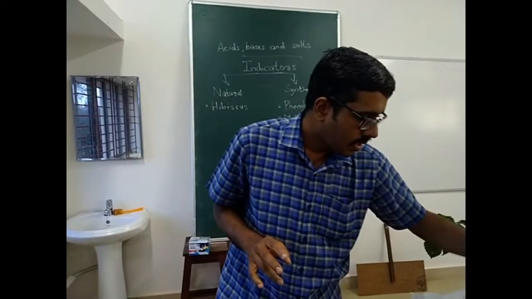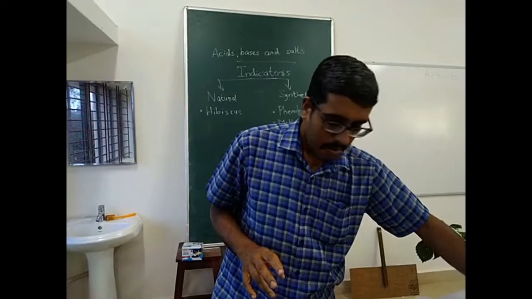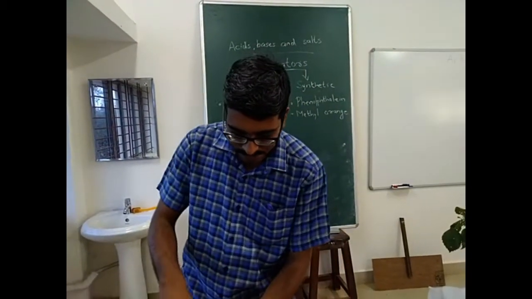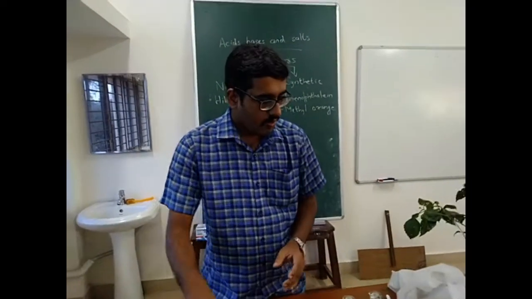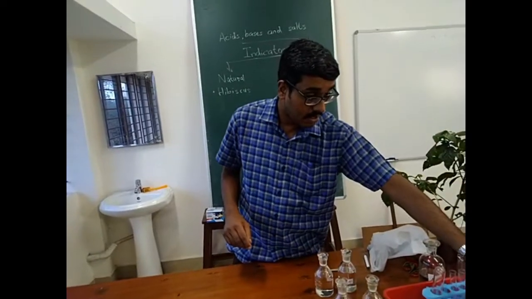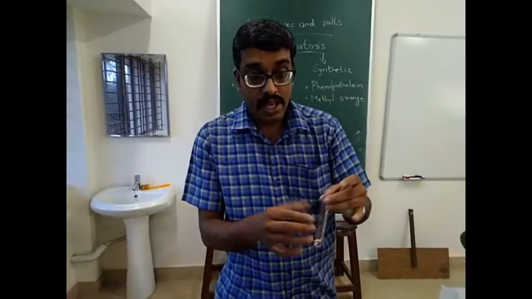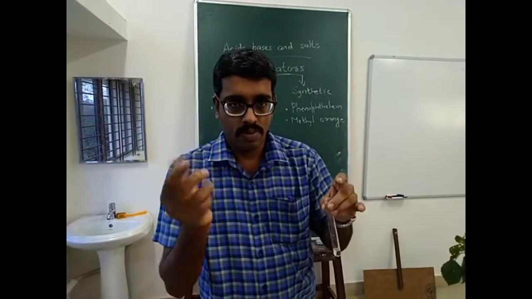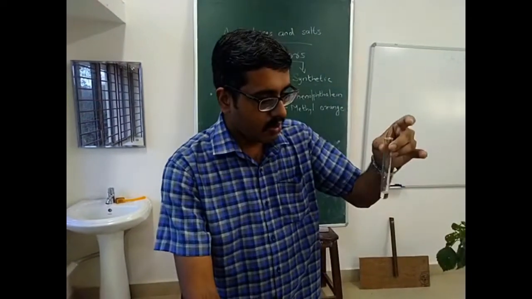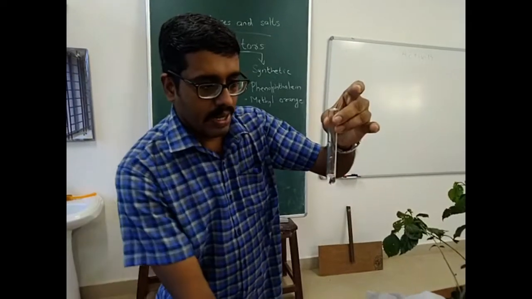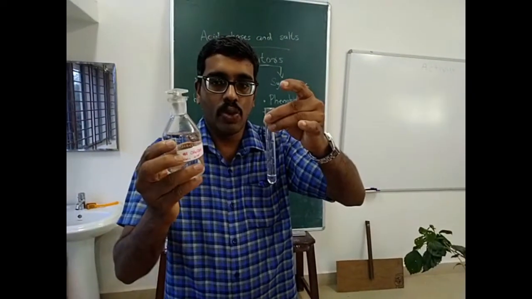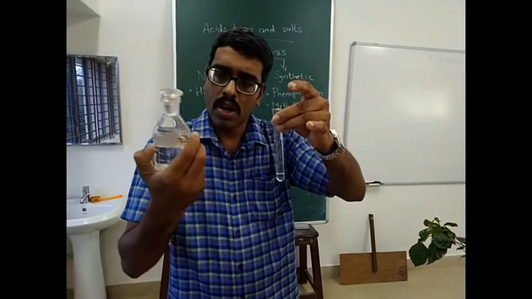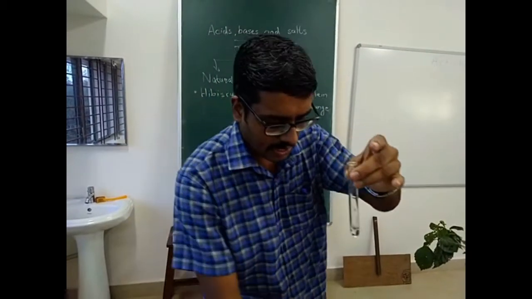So next one we are using methyl orange. Phenolphthalein is over. Why I poured the solution earlier? Because if I am touching it with my hand also it will get converted into that pink color. So now we are having a test tube with dilute hydrochloric acid or dilute acetic acid.